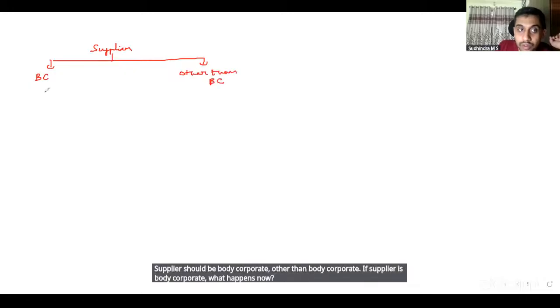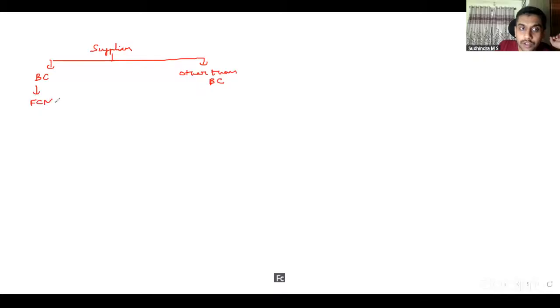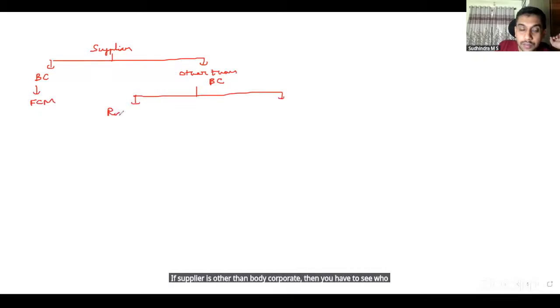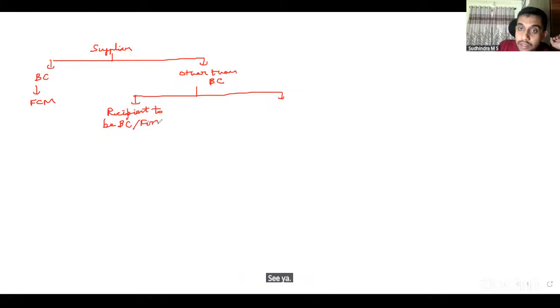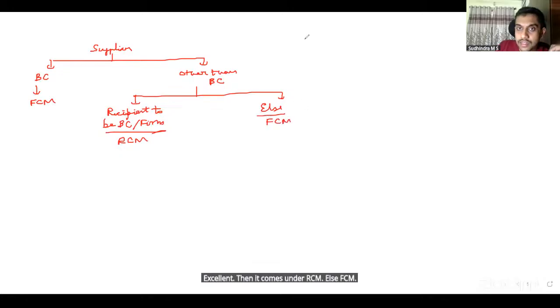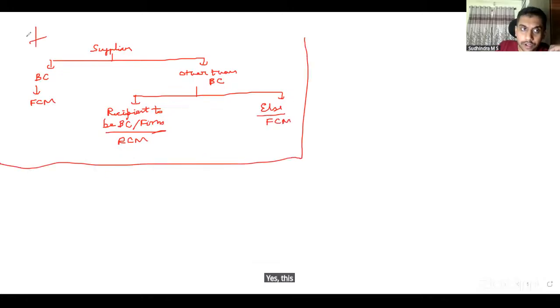FCM. If the supplier is other than body corporate, then you have to see who is the recipient. To come under RCM, the recipient should be a body corporate or partnership firm. Then it comes under RCM, else FCM. This is very, very important. Sponsorship, do not miss.